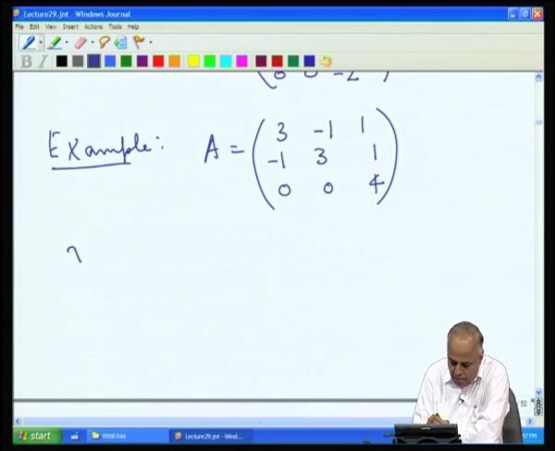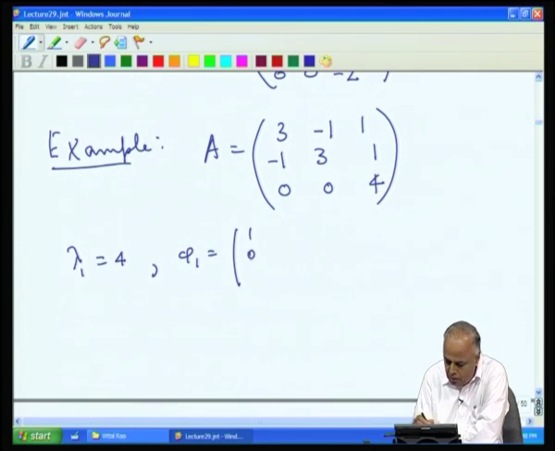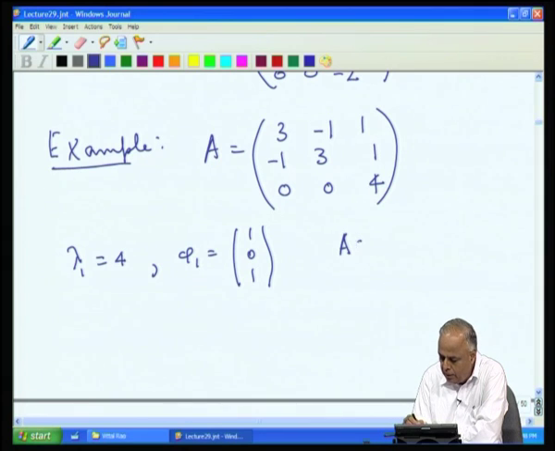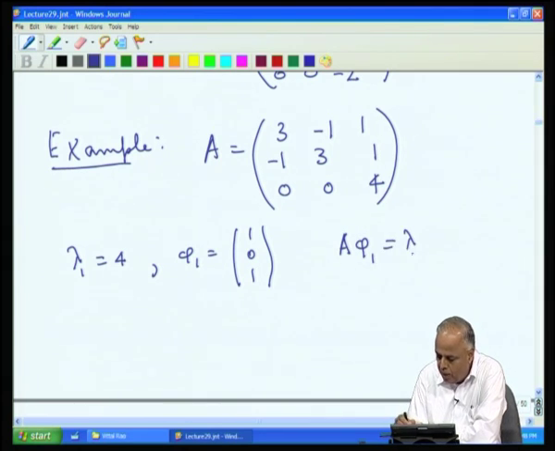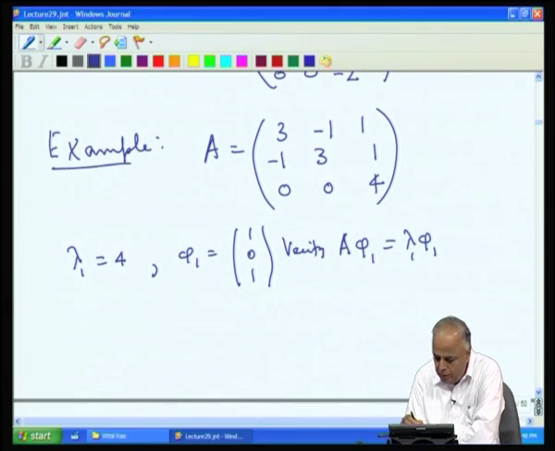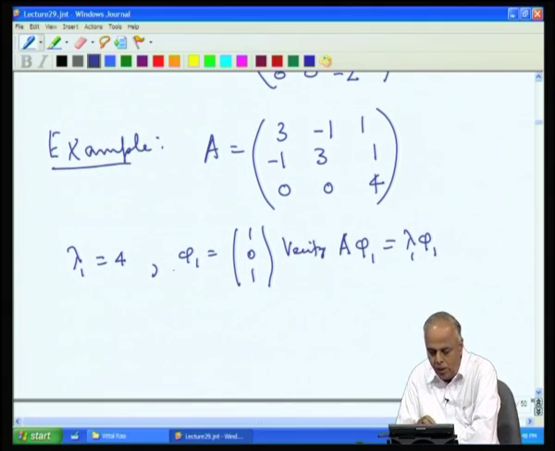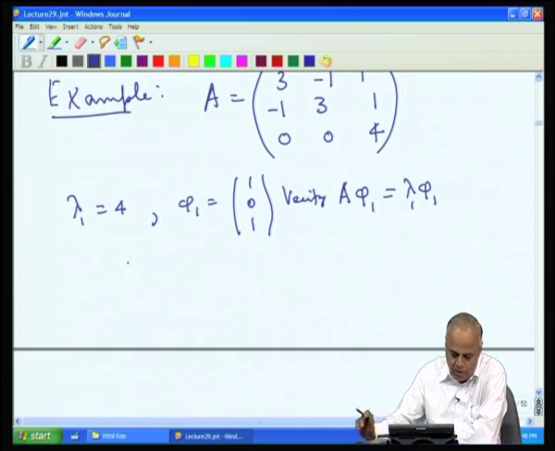Now, if we take lambda 1 equal to 4 and phi 1 equal to 1 0 1, we can easily verify that A phi 1 is lambda 1 phi 1. Just multiply the matrix A with this vector, you will get 4 times phi 1.